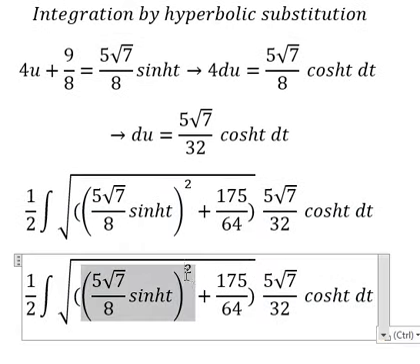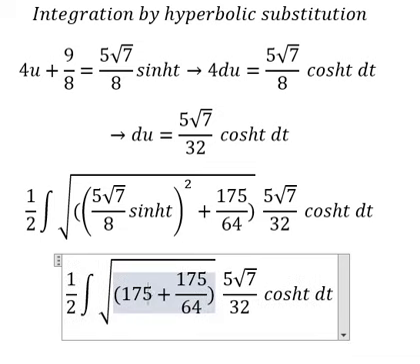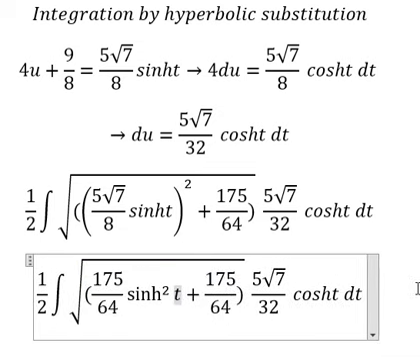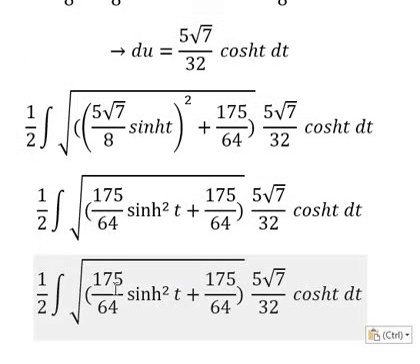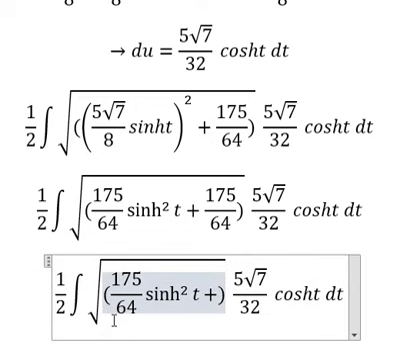So this one we have 175 over 64 tan squared. So 175 over 64 we can do factorization.